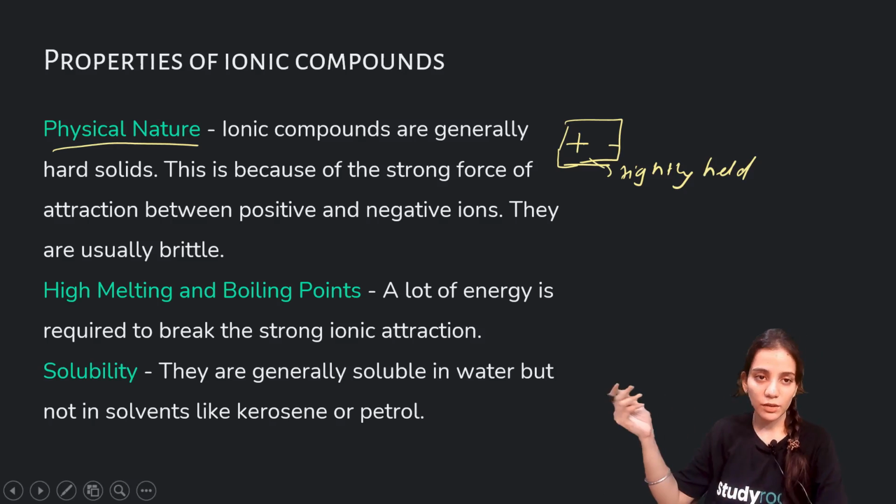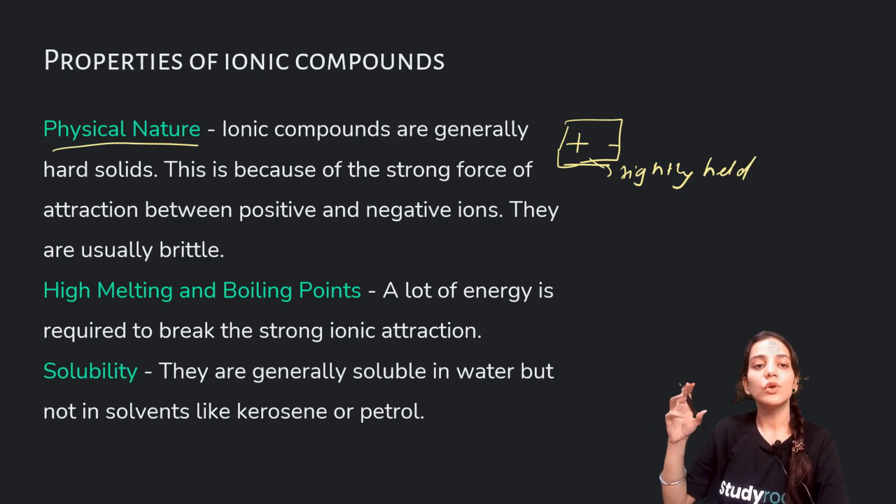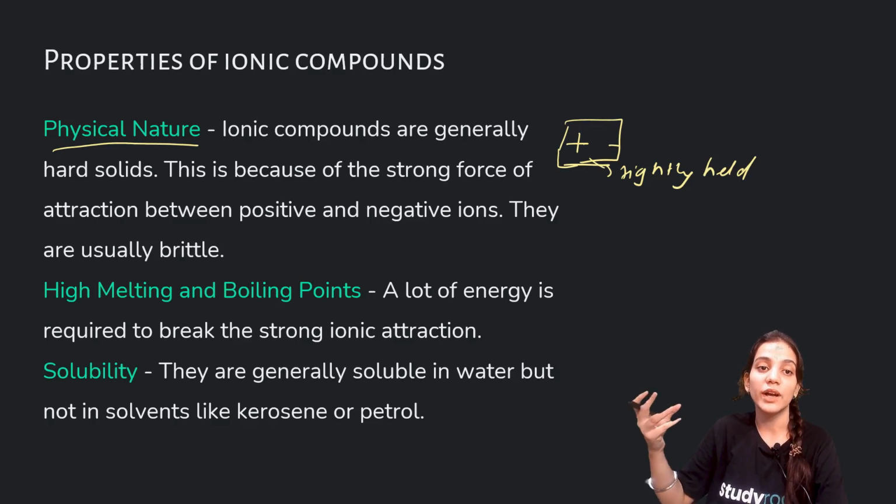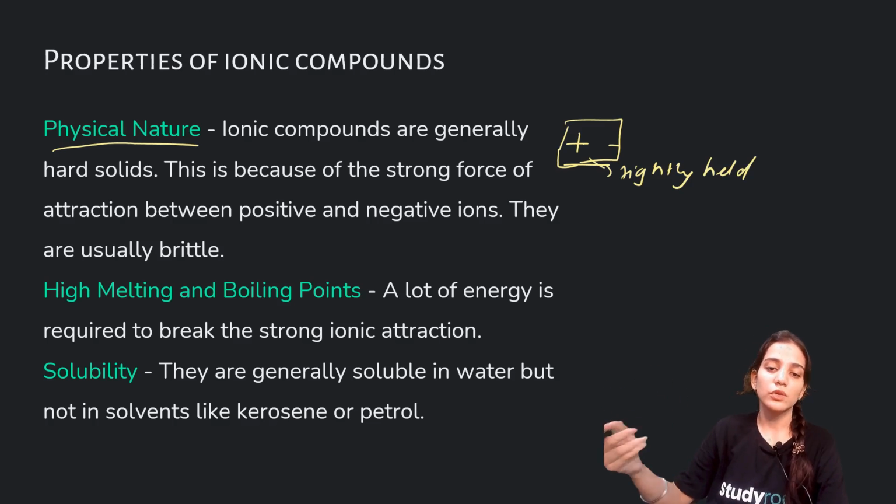They have high melting and boiling points, so a lot of energy is required to break the strong ionic attraction. We saw in the previous table how much temperature is required to melt NaCl, LiCl and some other compounds. This is only because a lot of energy is required.